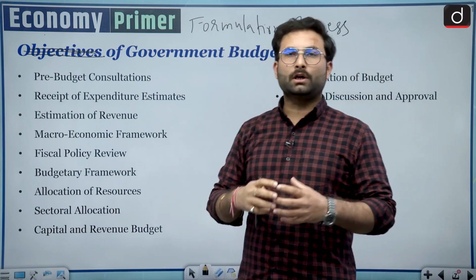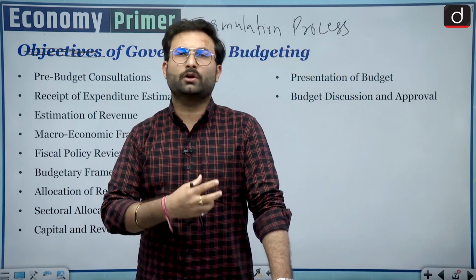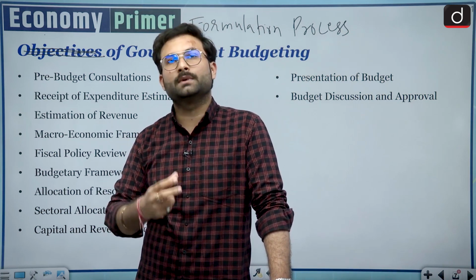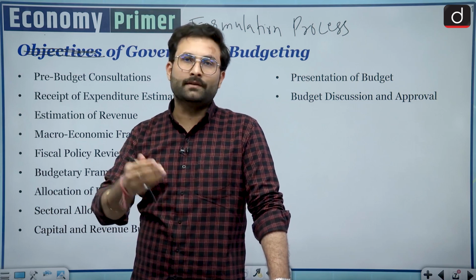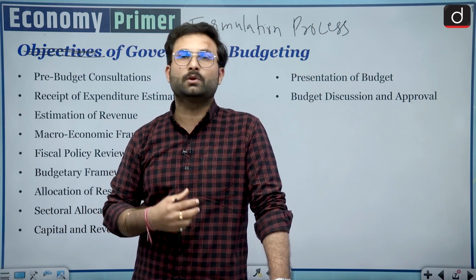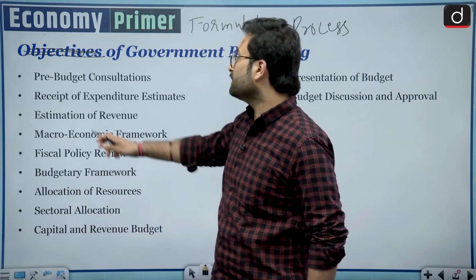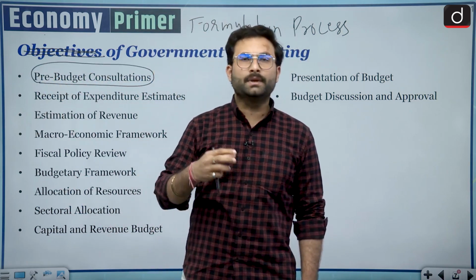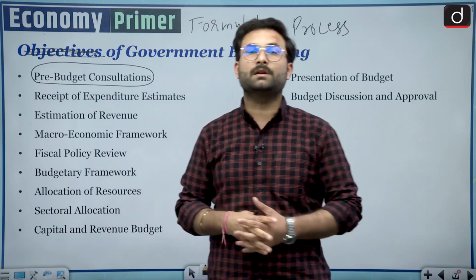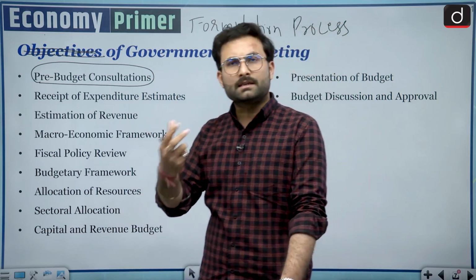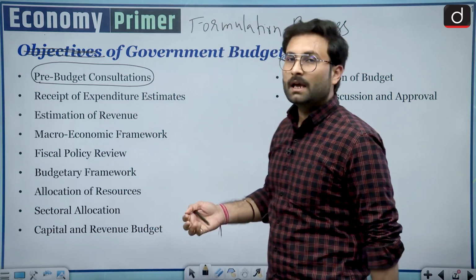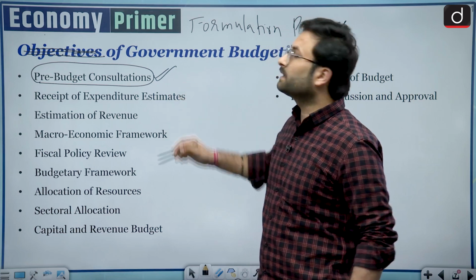When we are talking about formulation of the budget, the holistic process through which budgeting is done, there are various levels, various steps through which this happens. Here there is a pre-budget consultation. All the stakeholders, be it from the ministries, various departments of the ministries, and let's say industrial players, all these players are stakeholders in budgeting, and we have these pre-budget consultations with them.